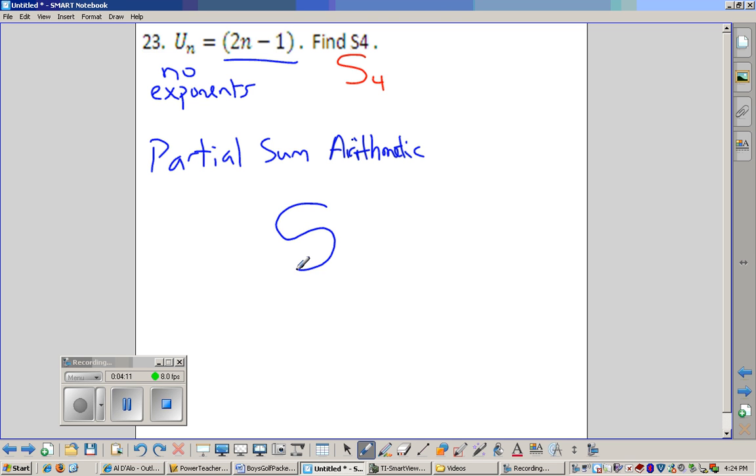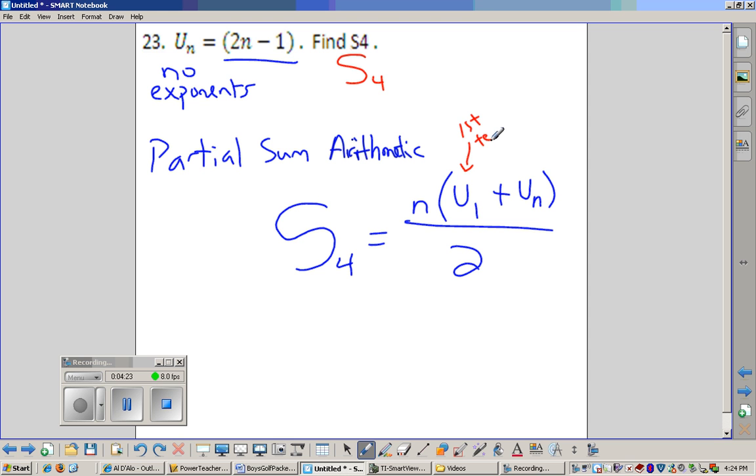That formula looks like this. S sub 4: we need to know the number of terms, the first term, and the last term, divided by 2. This is the first term, this is the last term, and this is the number of terms right here.